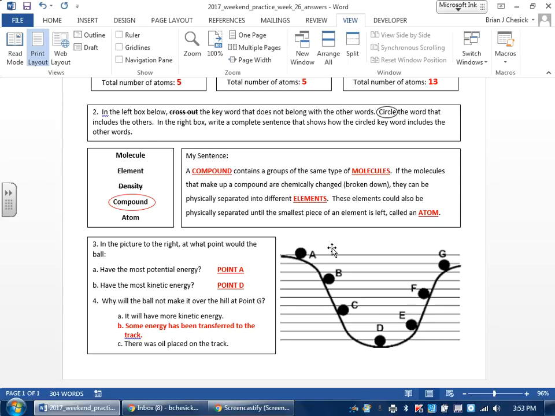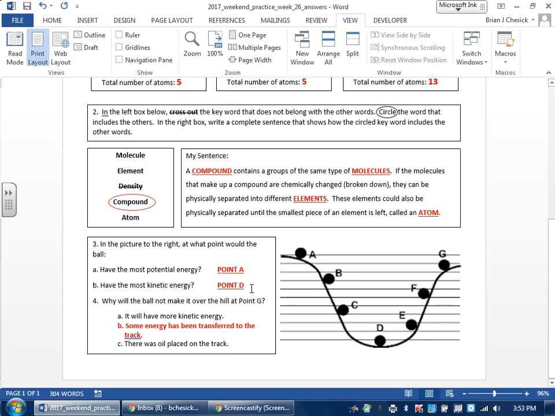If the molecules that make up a compound chemically change, if you break them down by a chemical reaction, in other words, they can be separated into different elements that made up all of the molecules. These elements could then be physically separated until you reach the smallest piece of an element that would be left, and that is called an atom.